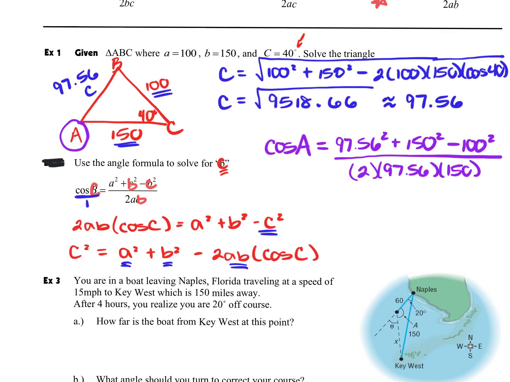Now, when you type this in your calculator, you should get cosine A. And if you properly type this in with all of your parentheses correct, you should get a decimal on that right-hand side of 0.7522. Now, important note here, this value needs to be a number less than 1, and it can be negative.